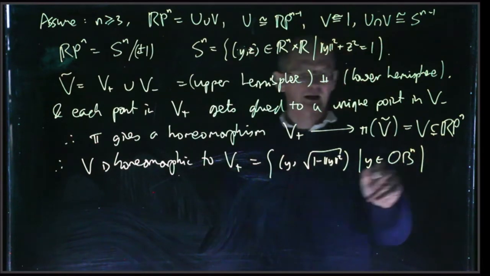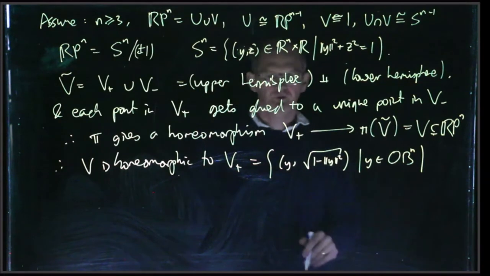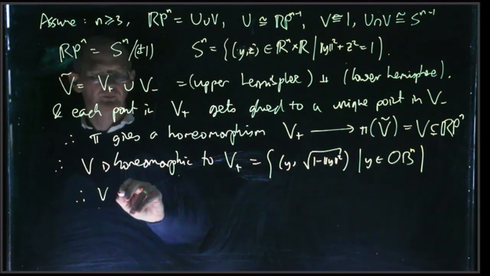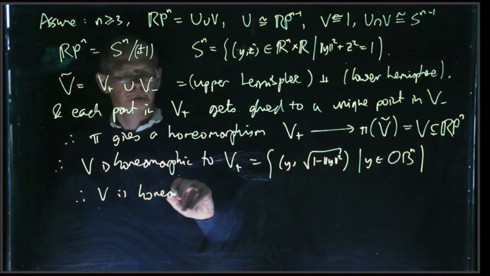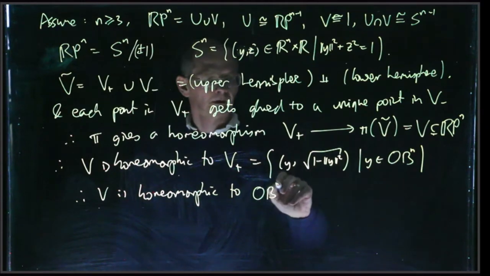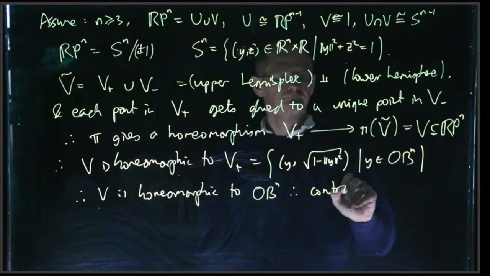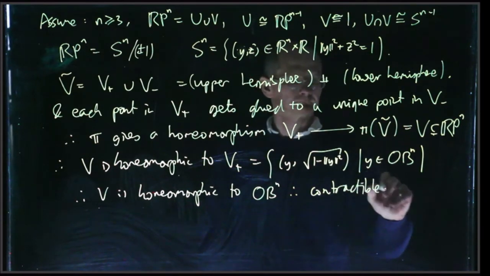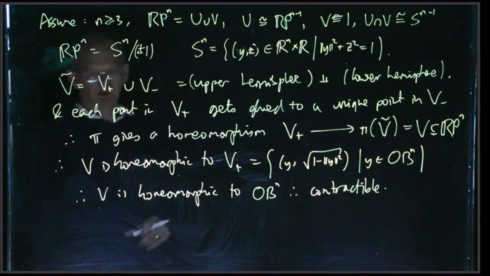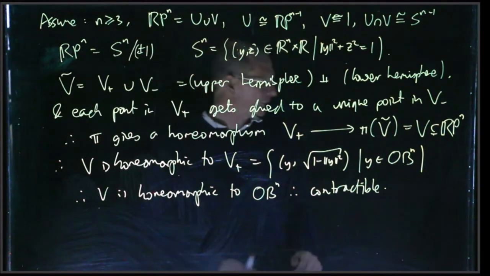You've got a point in the open n-ball, then you just set z to be the square root to force this to be true. So V is also homeomorphic to the open n-ball, therefore contractible. Okay, and that was one of the things that we needed. We wanted V to be contractible. So now we need to understand U and U intersect V.